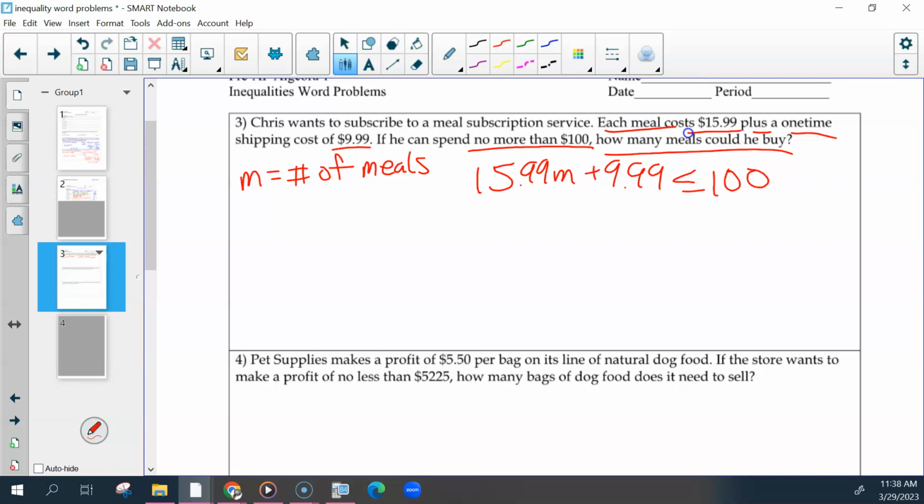And then we would solve. Less than or equal to, what is that, 9101? 9101. And divide.